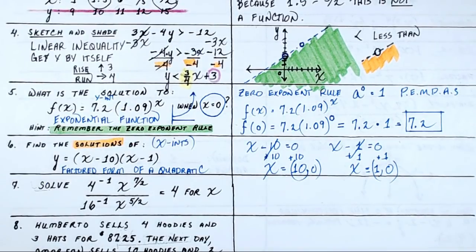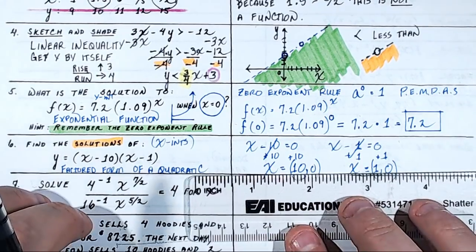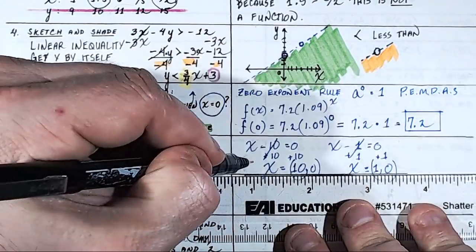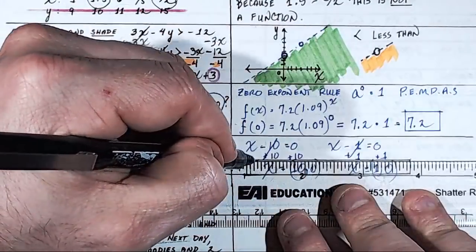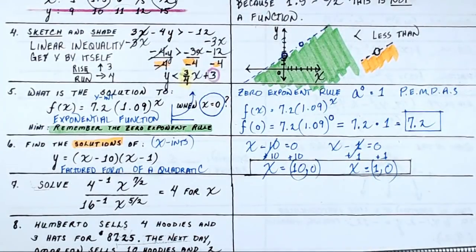These are the two things that need to be in some kind of a box. Remember, with quadratics, the rule, the fundamental theorem of algebra, is there's always going to be, at a minimum, 2. Now, they might be imaginary numbers, but there's going to be at least 2 solutions.